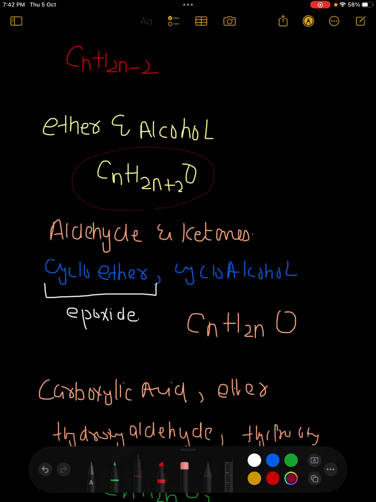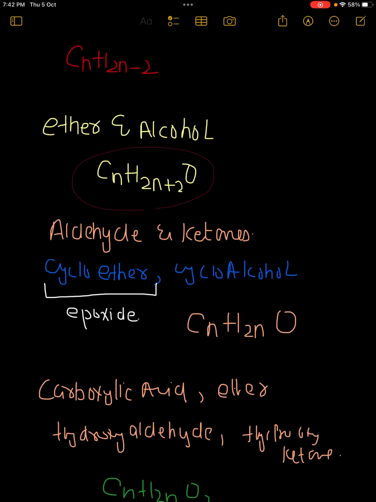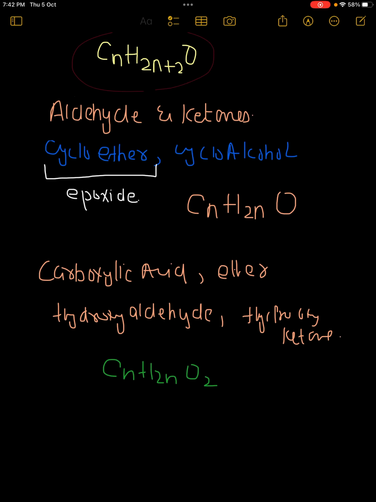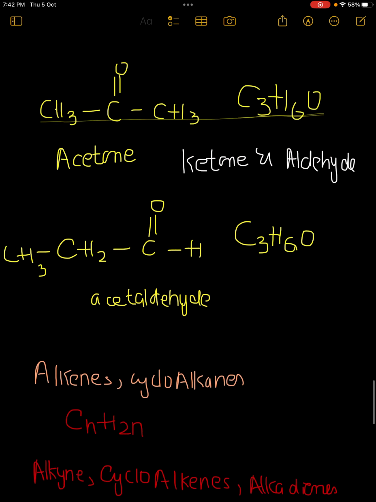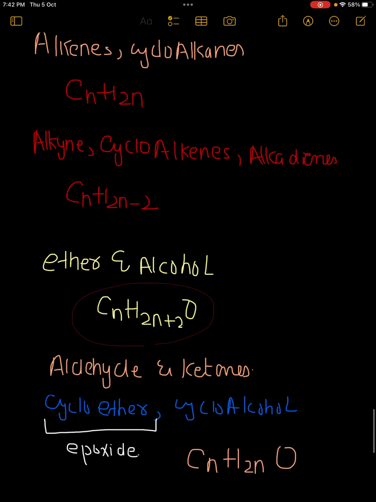Then we have aldehyde, ketone, cycloether and cycloalcohol, which formula is CnH2nO. Then we have carboxylic acid, ether, hydroxyaldehyde and hydroxyketone, so the formula is CnH2nO2, right? So here we have completed our functional isomerism.